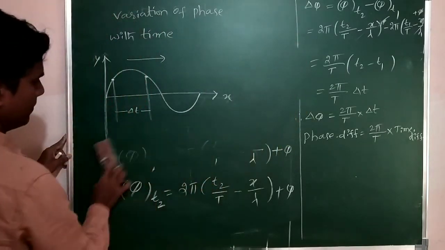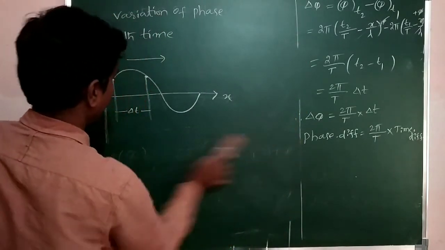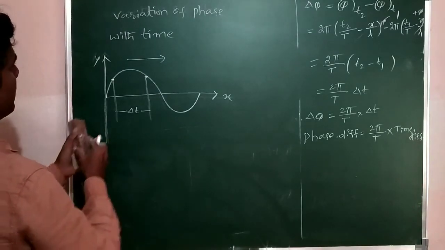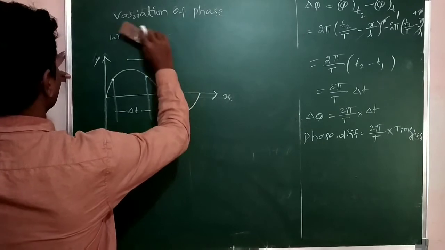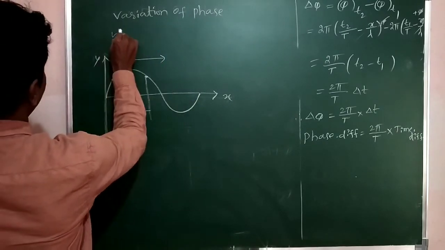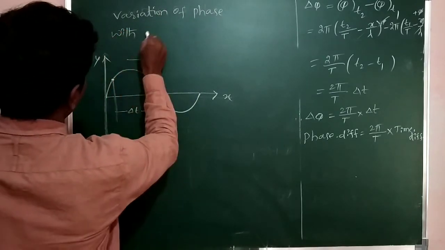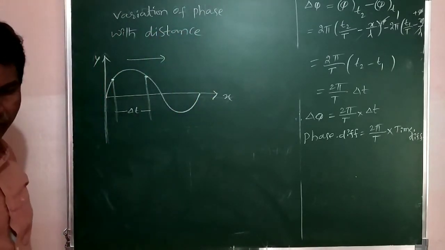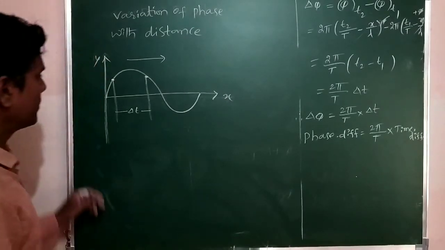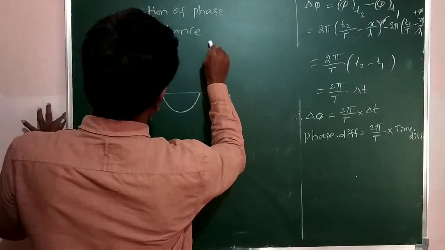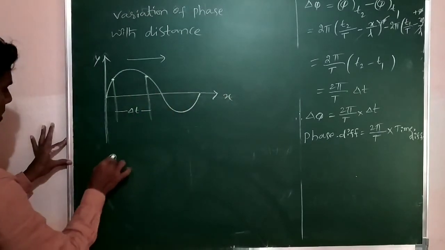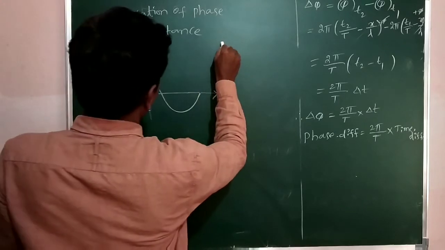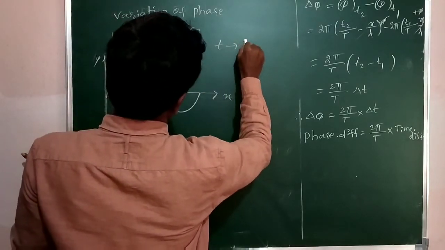Next one is variation of phase with distance. Variation of phase with distance means phi of x1, so time must be constant.